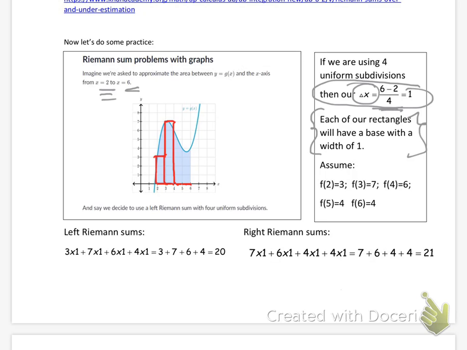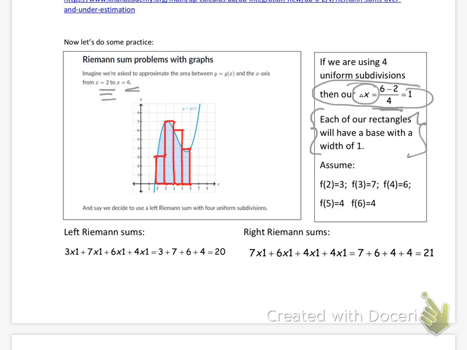Okay, left Riemann sums for 4. Hit your graph and go across and come down. That's our fourth rectangle. That was our third. You go up from 5, you hit the curve and you go across and come on down. Those are our left Riemann sum rectangles.